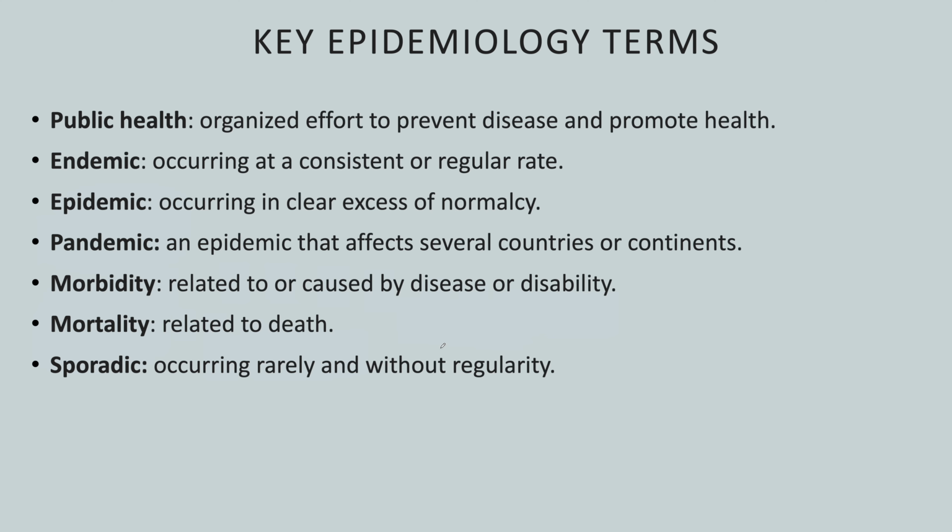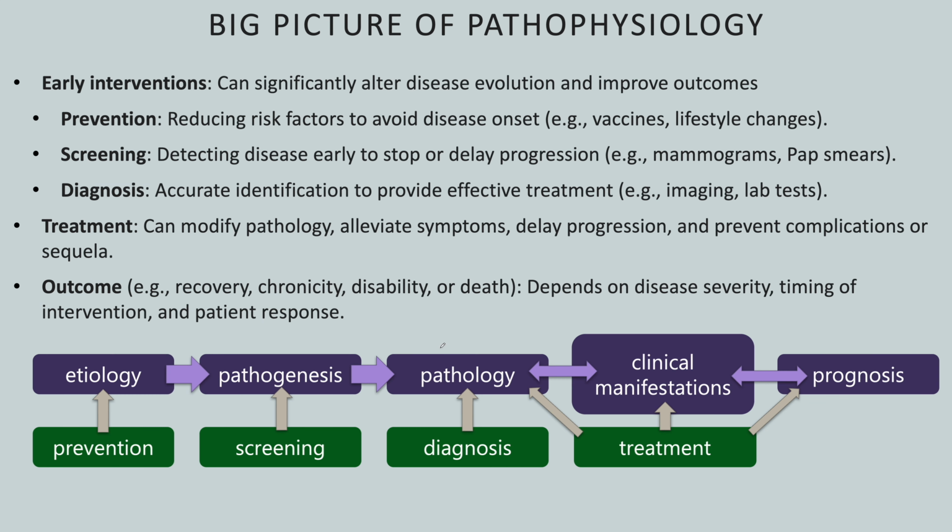So, pathophysiology, and here we have the big picture, trying to summarize what we were speaking about at the beginning. It's very important to understand the why things happen and how organs work after a disease has presented. It's very important for the prevention of diseases.